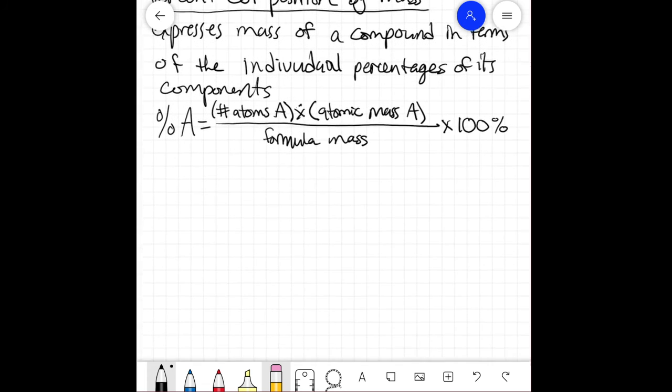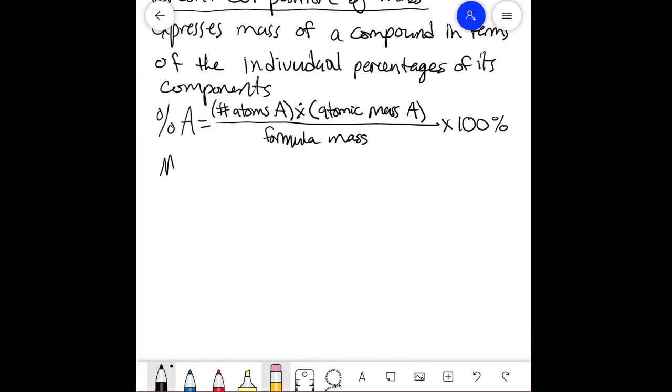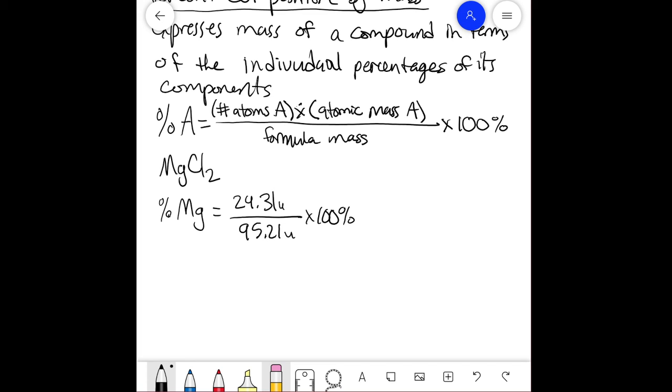So say we just do magnesium chloride again. We already found the formula mass for it. Say you wanted the percent of magnesium. There's only one subscript, so you can just put its mass over that formula mass, times 100, so that you get it into a percent.